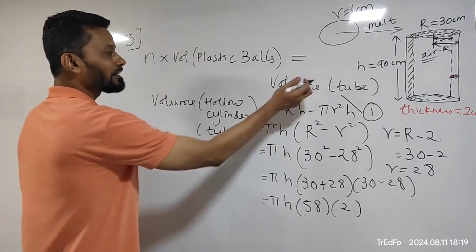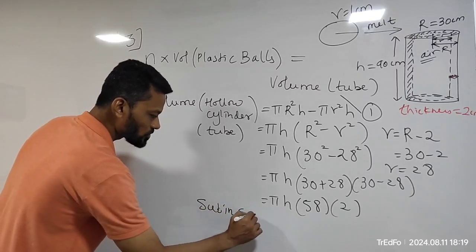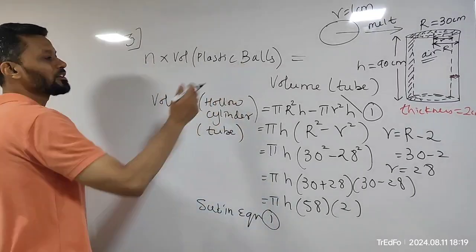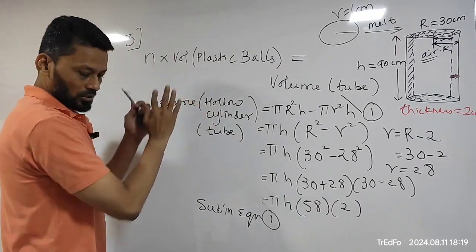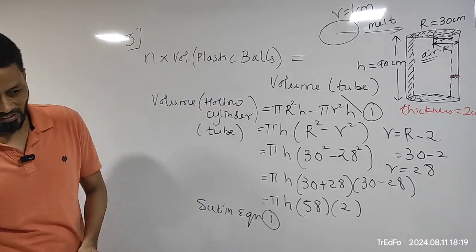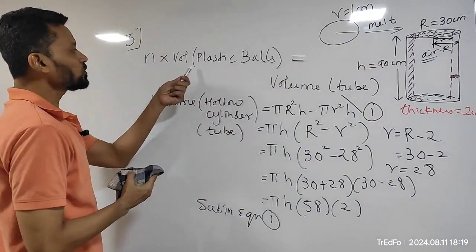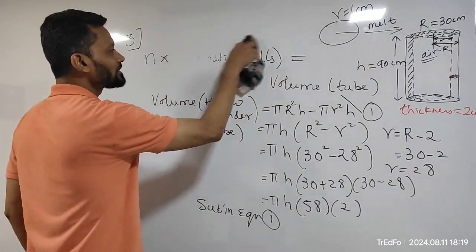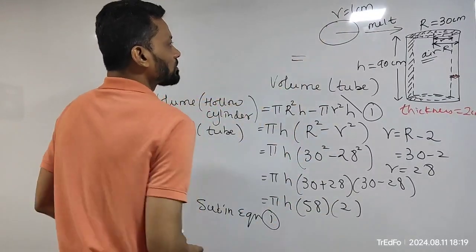Let's substitute this in equation 1. So if I substitute these values in equation 1, how will it transform? Let's see how it works. So left hand side is n into volume of plastic balls. What is the shape of the ball over here?